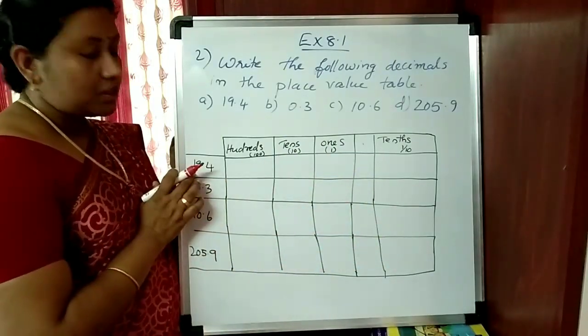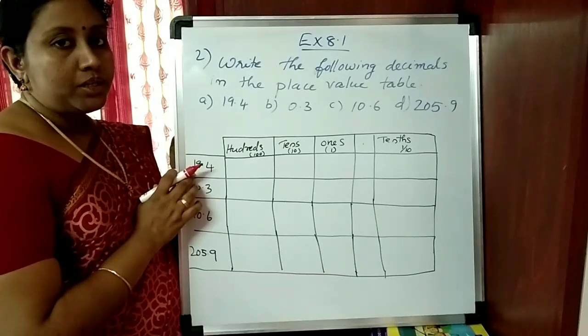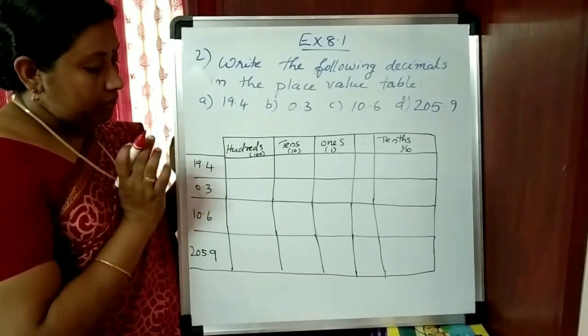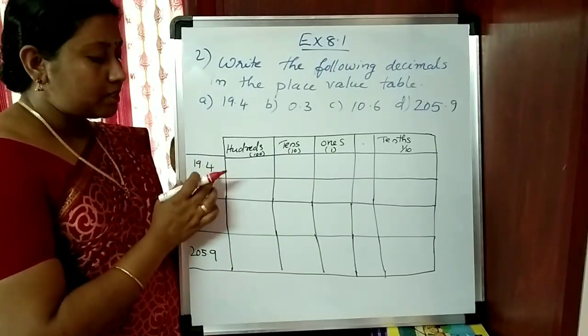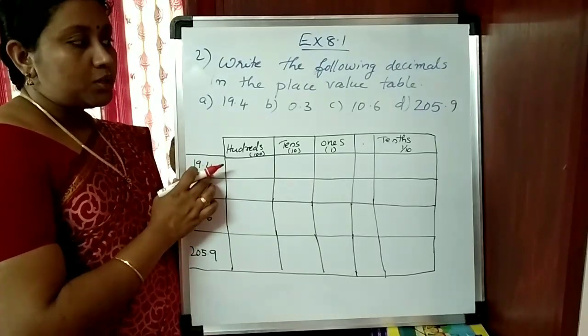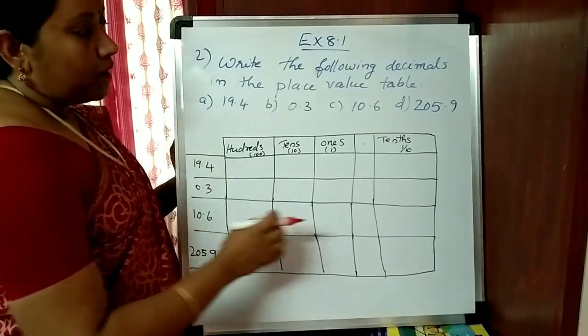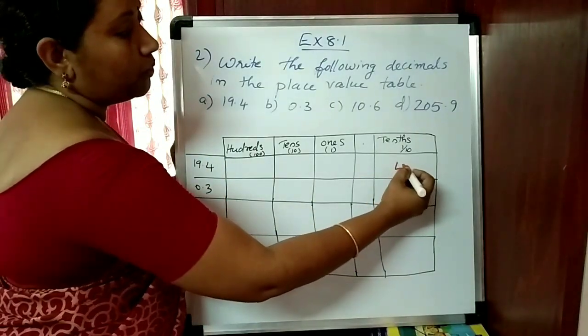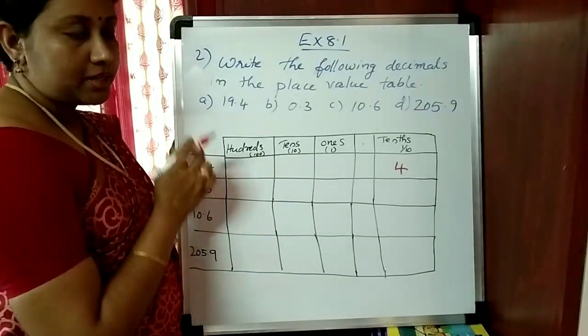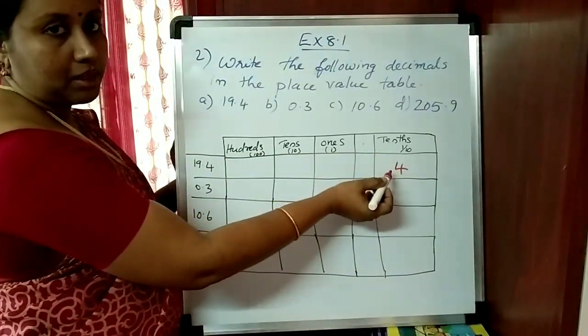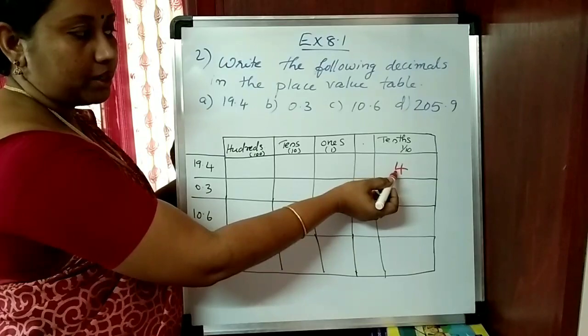So your first question is 19.4. Whole number part is 19 and decimal part is 4. So in the decimal part, you write that 4. After the decimal point, the first place is the tenths place, that is 4 by 10.